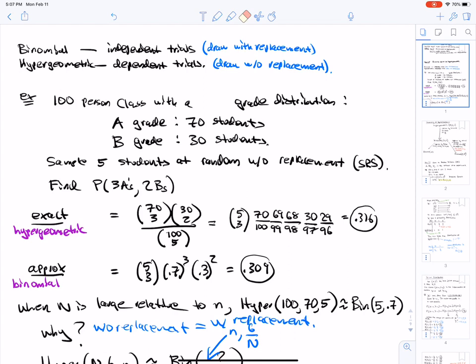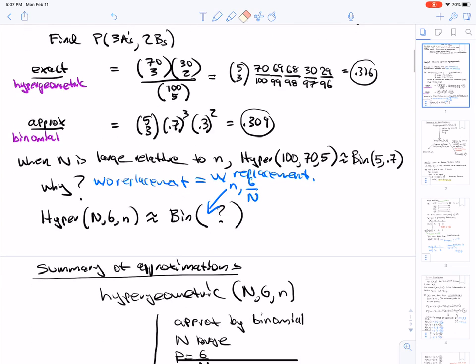But you could approximate this with a binomial, and you would see you get something very similar. If we imagine that we're drawing with replacement, then the 69 over 99 would be 70 over 100, and the 68 over 98 would be 70 over 100, and the 30 over 97 would be 30 over 100, and so on. So you would just get the binomial formula.